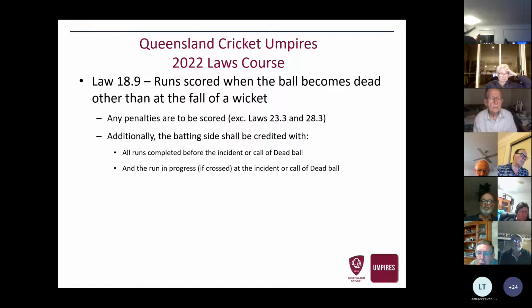So the umpires, because of the injury to the player, have called dead ball. And what has occurred there under the laws of cricket is that because that run in progress, the batters had crossed, the batting side were credited with that run.